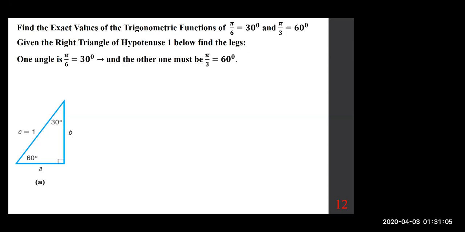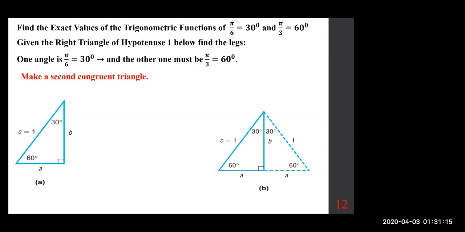And so all we have to do, one more triangle, and there. So now, as you can see, if the hypotenuse was 1, so is the rest of this, all of them are 1.